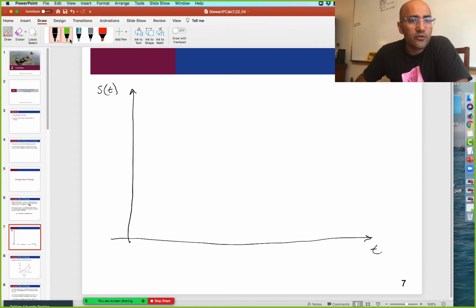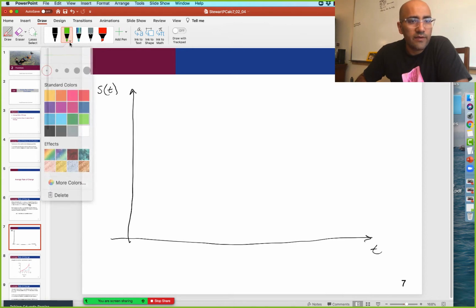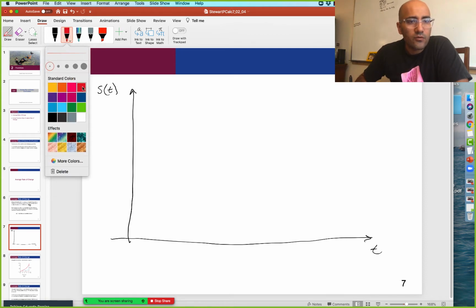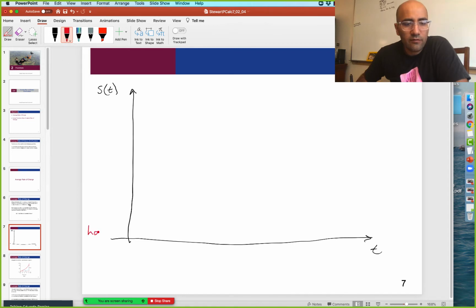So let's say we're taking a trip to Las Vegas, right, a road trip. And this is measuring the distance traveled away from home, right? So home is here. You start off at home. And then you start driving, and you're keeping track of the distance traveled. Distance away from home.